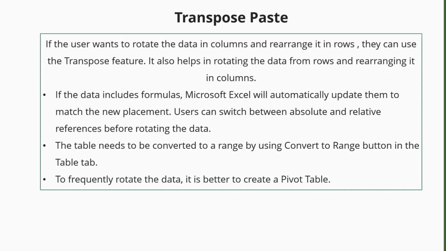Now, there's something that you also need to understand: when you're shifting the data, how does data look ideally? In your columns, you will have headings or the parameters or the topics.